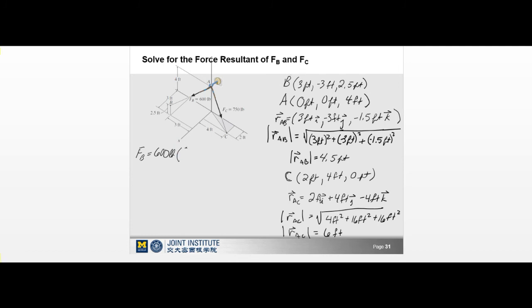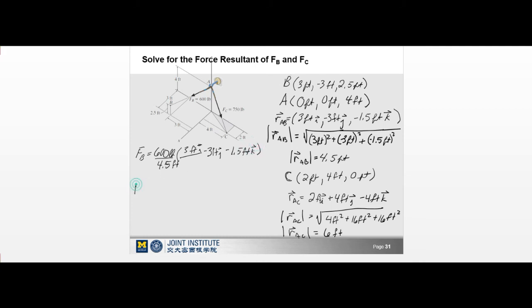So that's 3 feet in the I, and we're going to divide by, and this could be even easier if we just divide out here by the 4.5 feet on the outside. So 3 I minus 3 feet J minus 1.5 feet in the K.